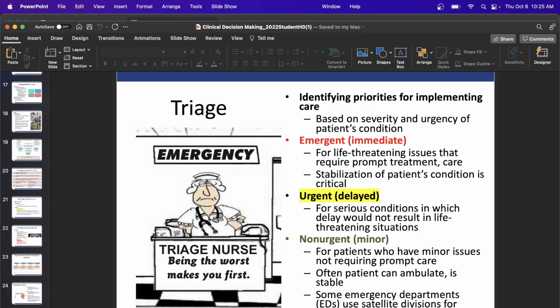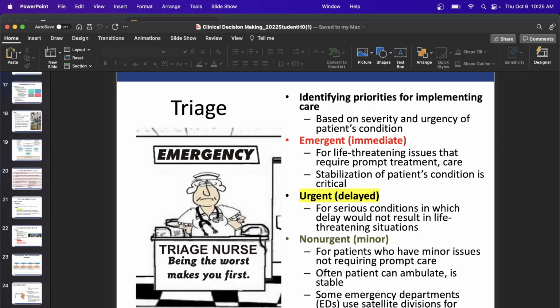Urgent, this is someone whose condition is serious, but it's not yet life-threatening. So an example of this might be your patient who comes in with an infection, right? Maybe they come in with a UTI, maybe they come in with a cellulitis. They've got an infection somewhere that we've identified and we've got to treat. But at the moment in front of you, they're stable, right?